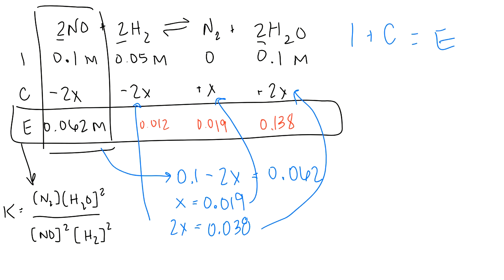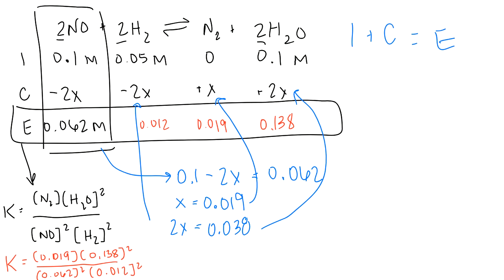So K is equal to, the nitrogen is 0.019, water is 0.138 squared, over NO is 0.062 squared, and H2 is 0.012 squared.